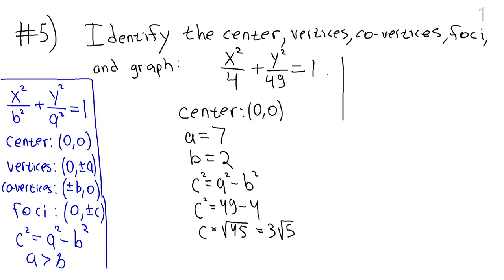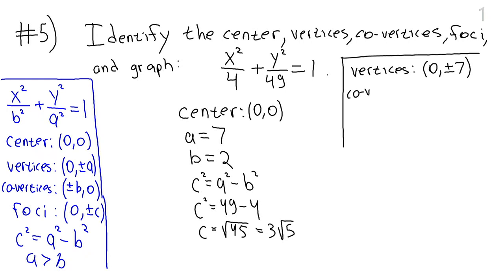We got that the center is 0, 0, so now we want to get the vertices, the co-vertices and the foci. The vertices of our ellipse are going to be 0, plus minus 7.